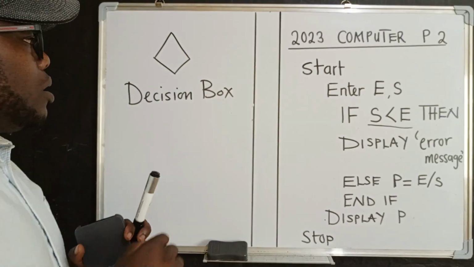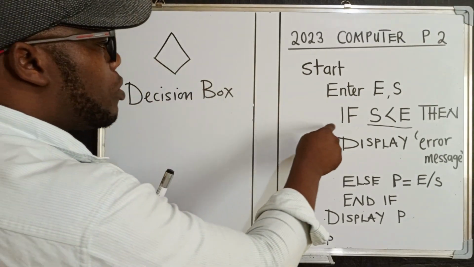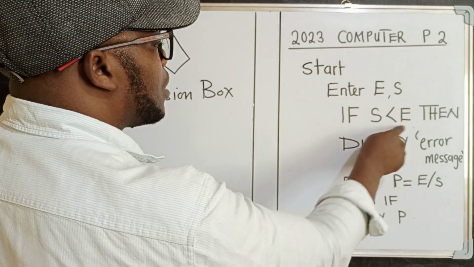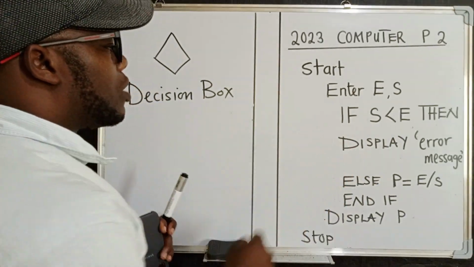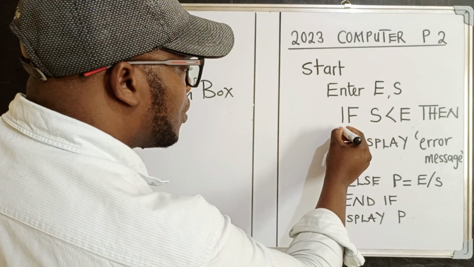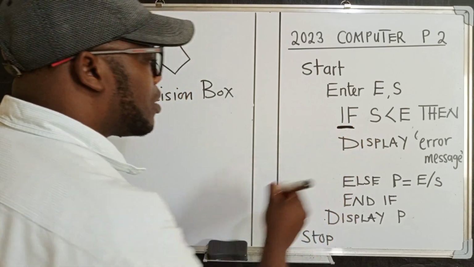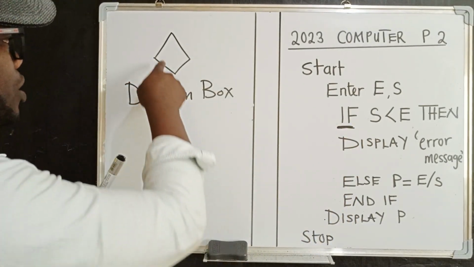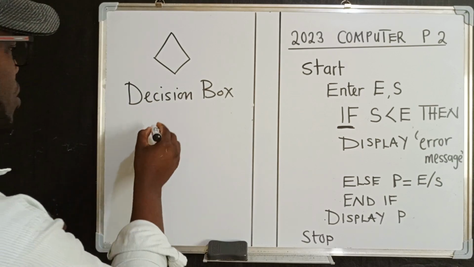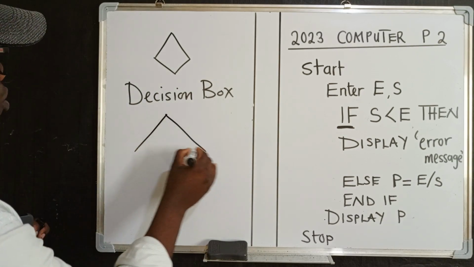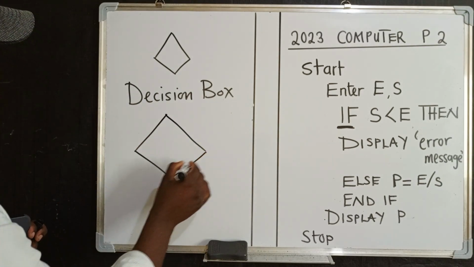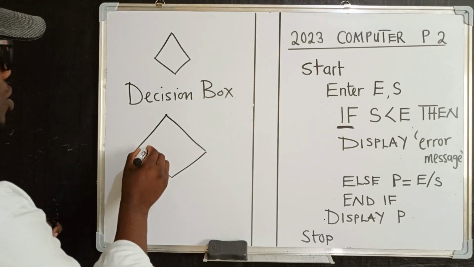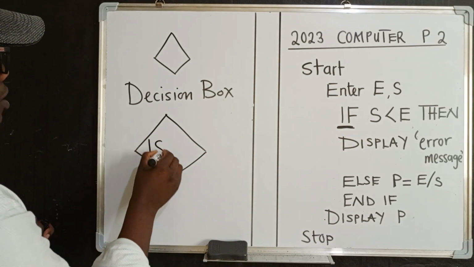Okay. So this is where you put whichever word you see that starts with the if. So wherever you see if, this is a key word. Wherever you see if, use this shape. So when you've got a diamond shape like this, and you see the word if, you are going to say is.